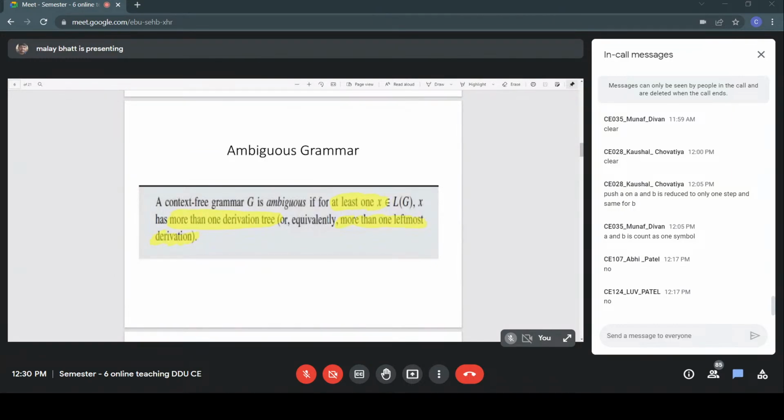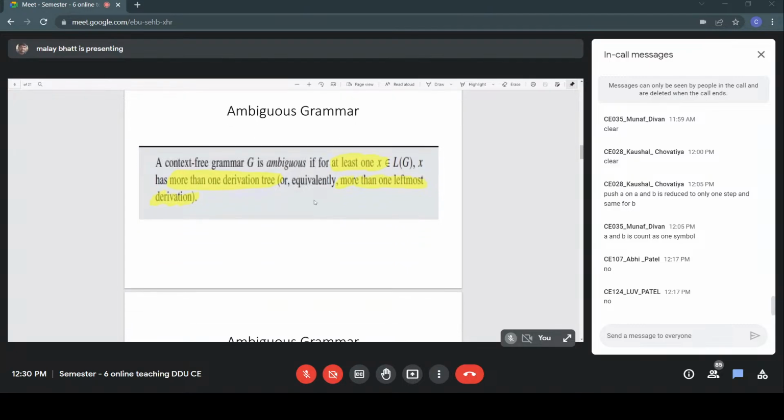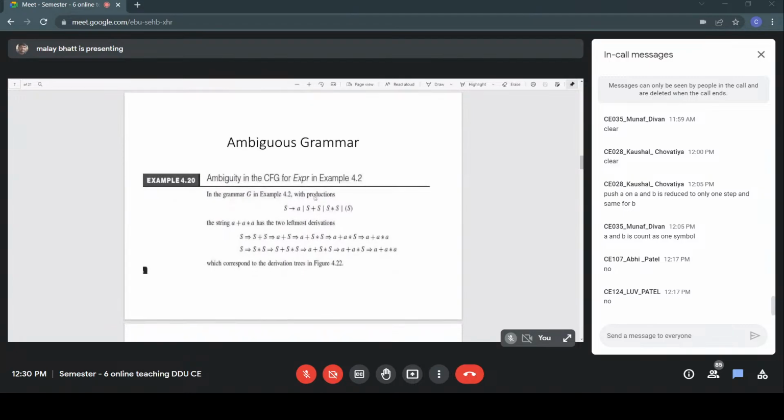If the grammar is ambiguous, it will give you more than one leftmost derivation tree for at least one string x. So we cannot use that particular grammar. The question will come: can we convert every ambiguous grammar into an unambiguous grammar?